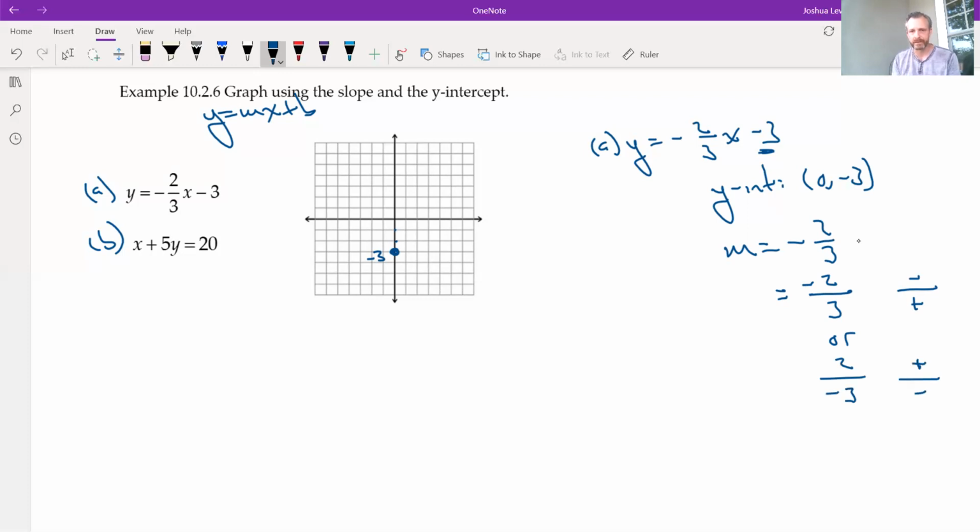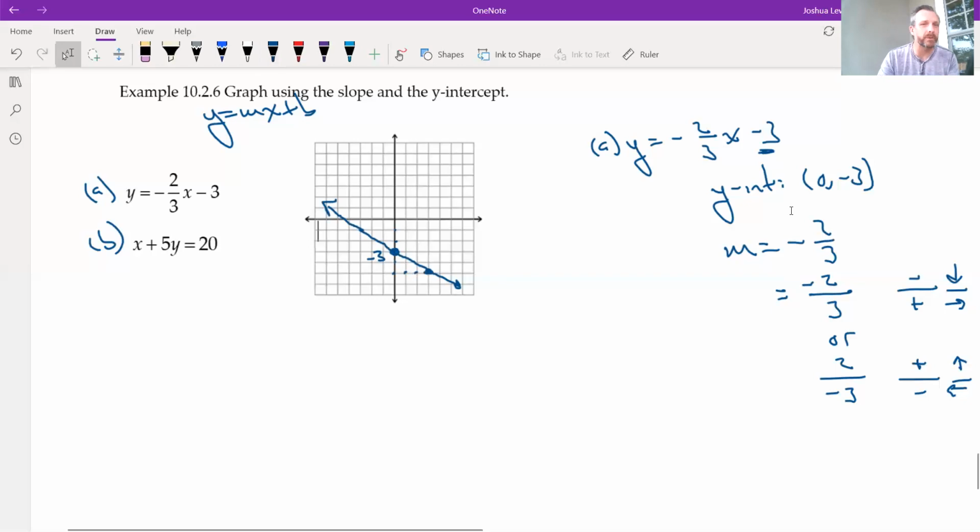So another way of thinking about this is down and right, or up and left. So if I go down 2, 1, 2, and right 3, there's my other point. And voila.